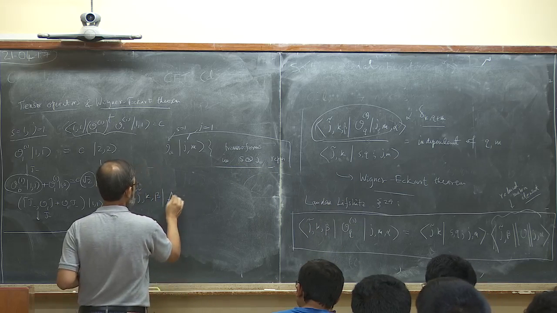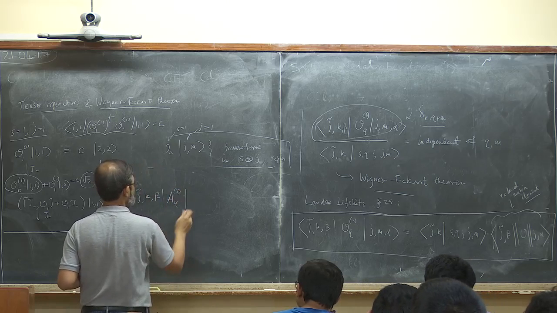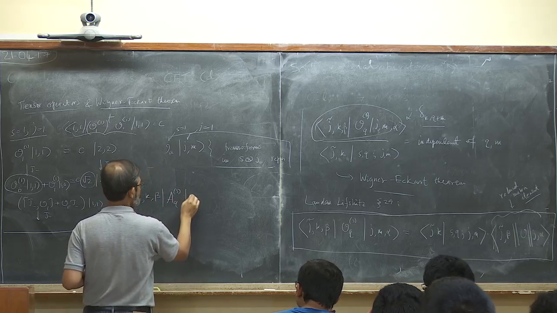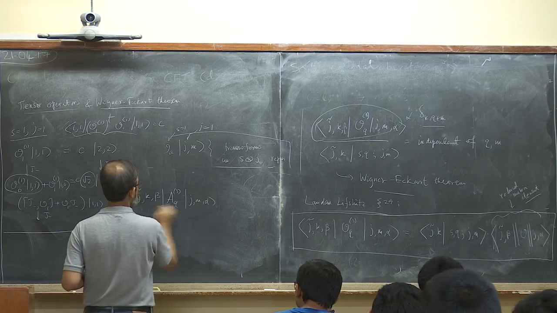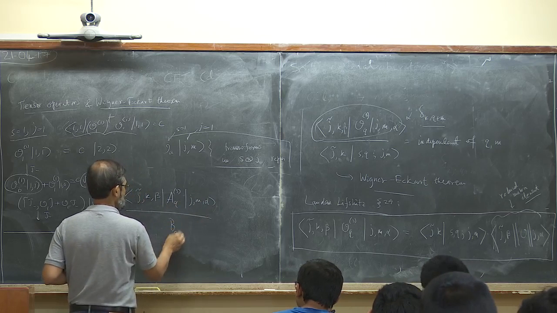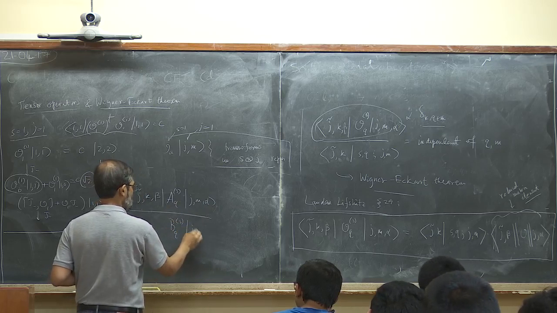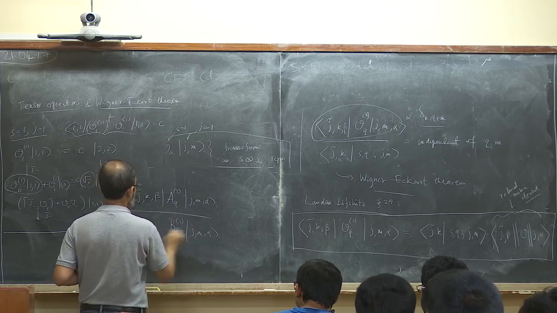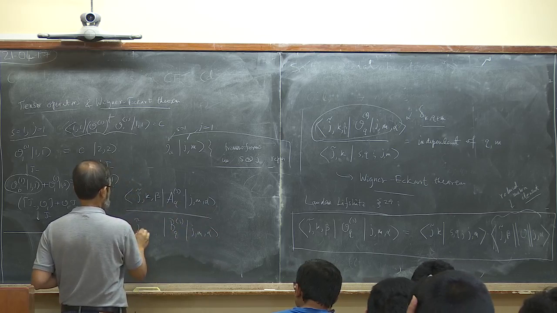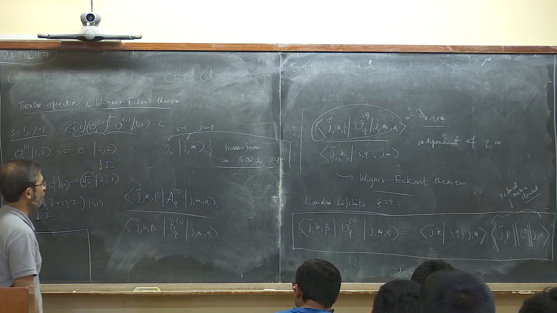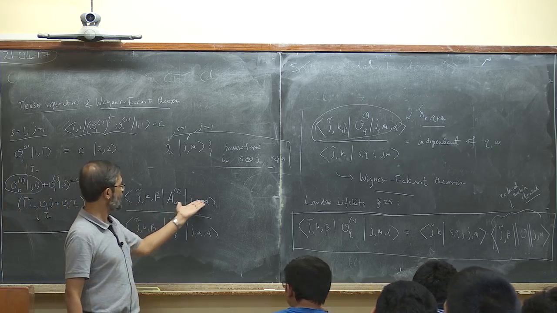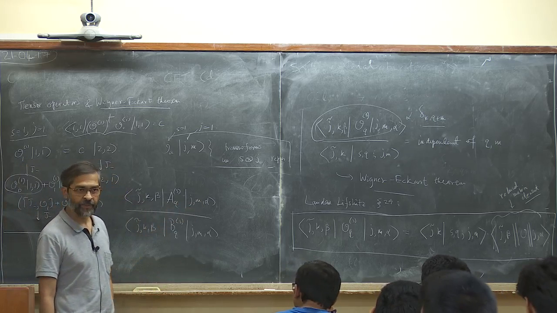So A_Q, like that, and J M alpha, and divide by another one, and this ratio is independent of K, Q and M. Why?